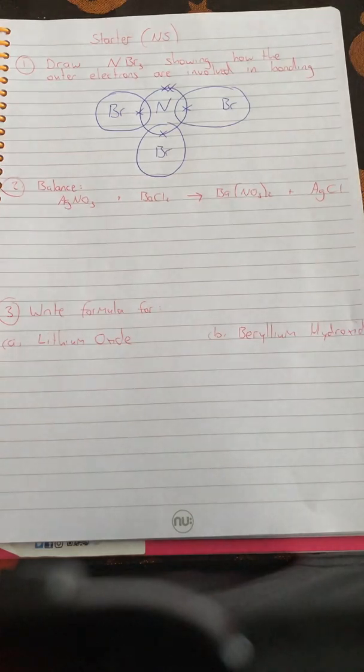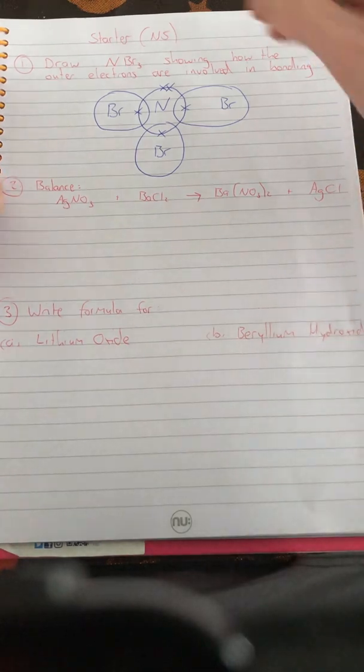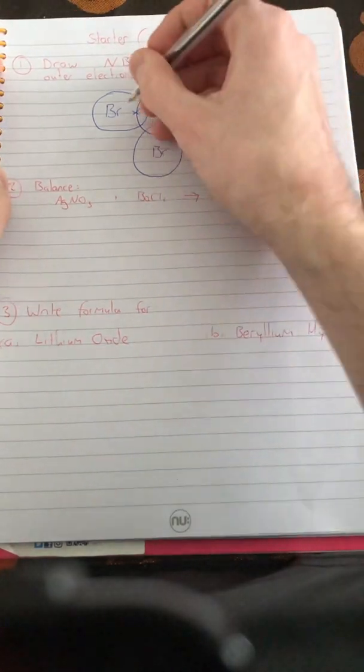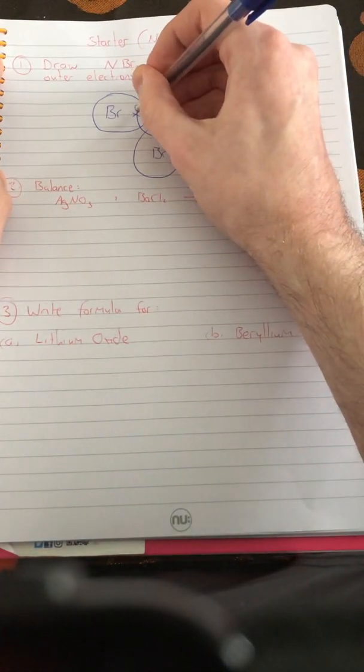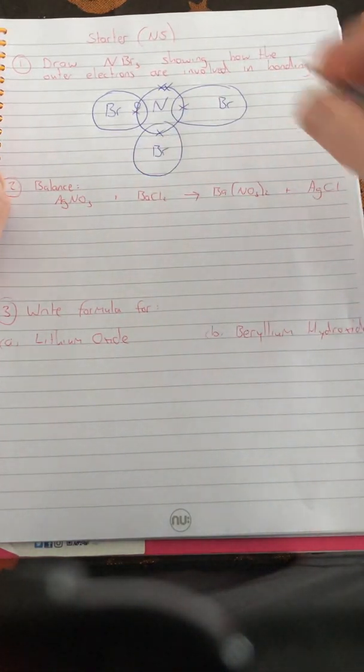Now, if we look at bromine, you should have realised it's in group 7, so it's got 7 outer electrons. We're not interested in the inner, but only the outer electrons. So bromine has 7, so we put 1 in there, and remember, because it's a different element, we put circles instead of crosses.